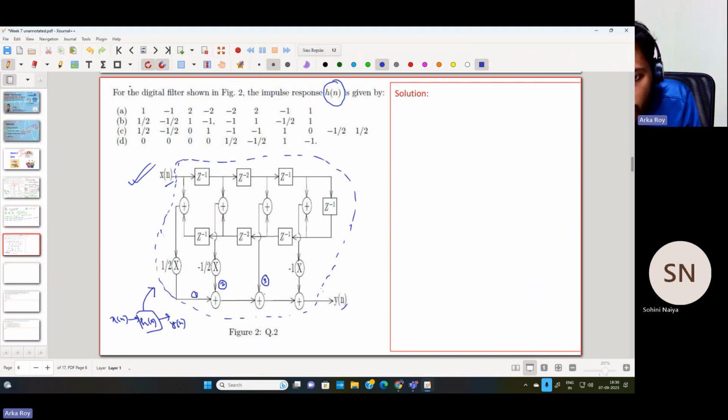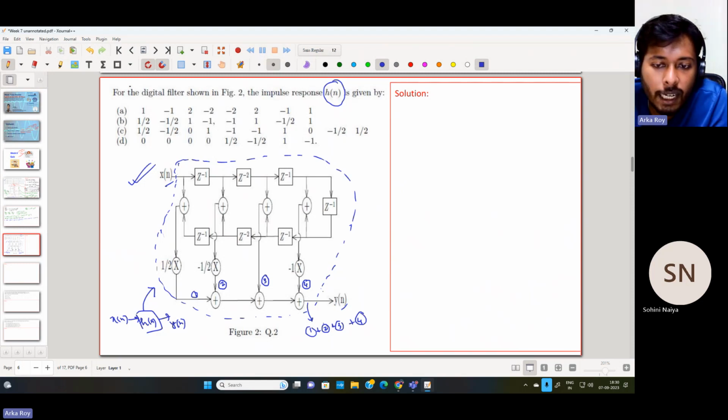So this 1, 2, 3 will be added, and then there will be a fourth component which will be passed through this adder. We'll get the first, second, third and fourth components, and this addition of four components will give me the value. So let me start writing the first component itself.